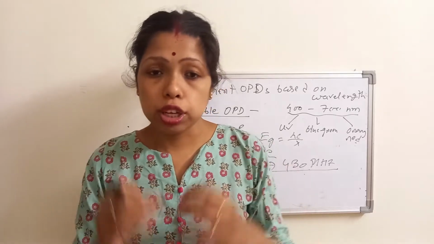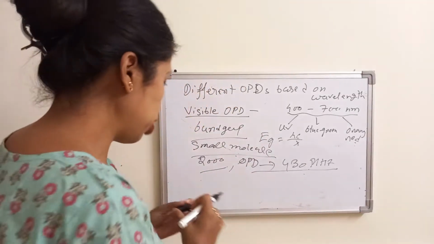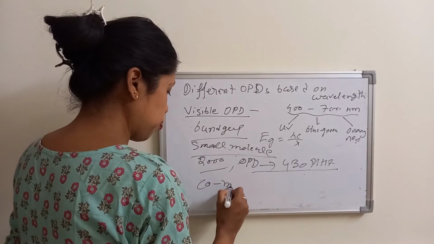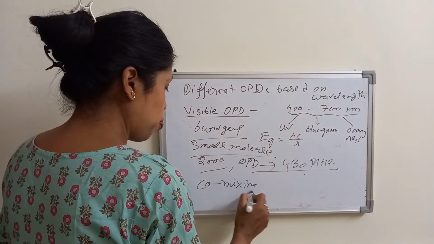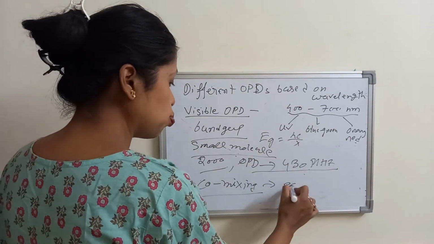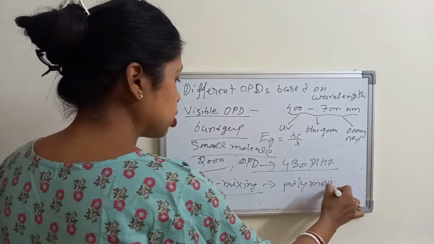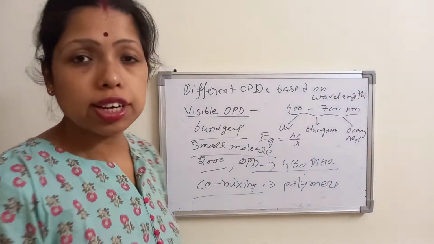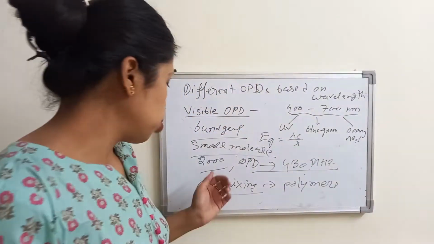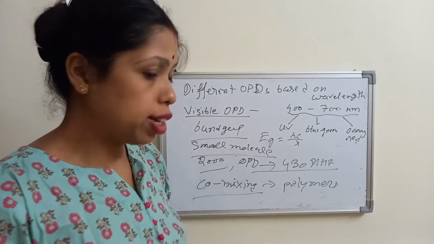But if we use two polymers with the co-mixing technique, because two semiconductors are required, one p-type and another n-type, we can design the bulk heterojunction polymer based OPD.